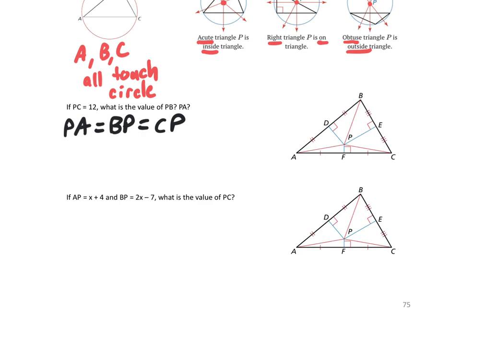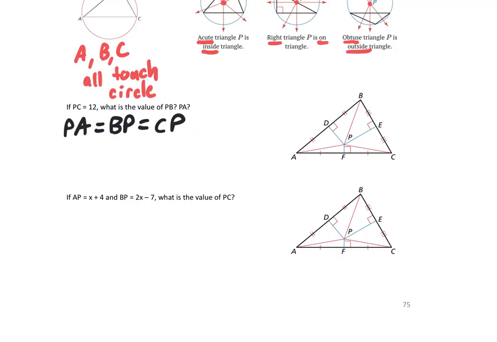These three pieces connecting the circumcenter to the vertices of the triangle are all going to be the same. Now, I called it CP, they call it PC. Is there any difference between those two? No, they're the same thing. You call it PC, I call it CP. We're talking about the same segment, okay?